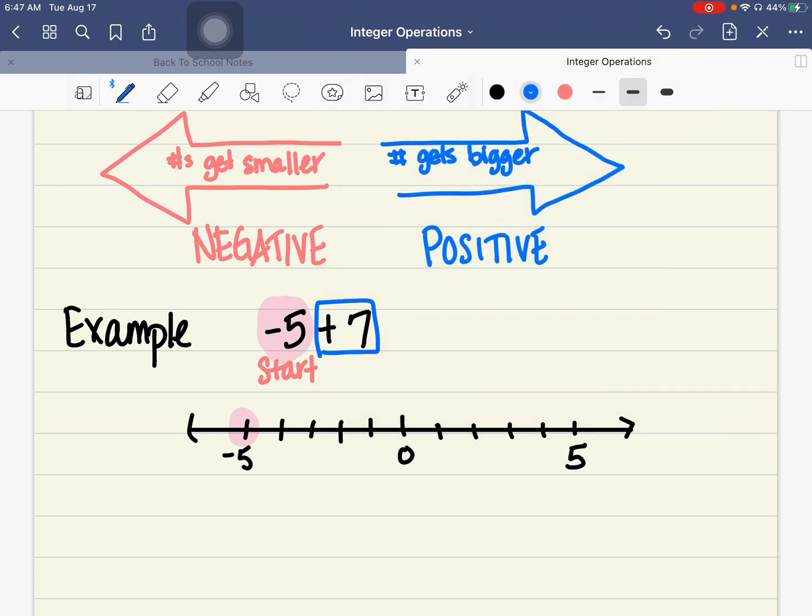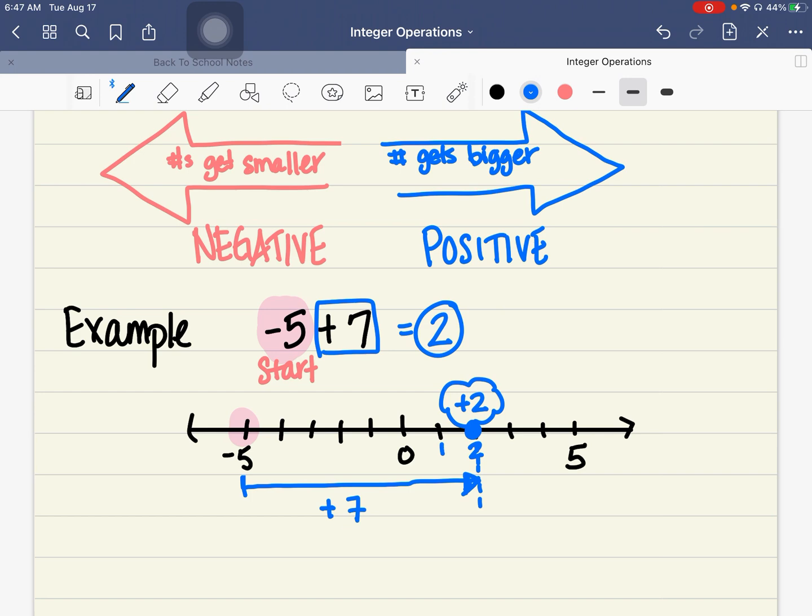So starting at -5, 1, 2, 3, 4, that's going to be 5. Then I've got to move 2 more. That's +7 because I went in that direction right there. And that leaves me at, this is 1 and this is 2, at +2. So my answer is +2.